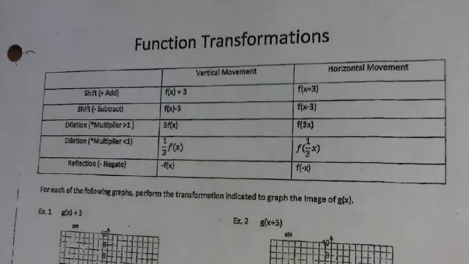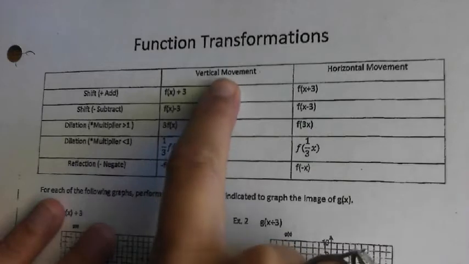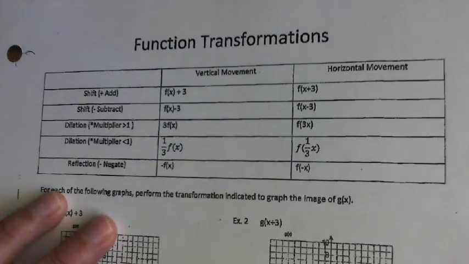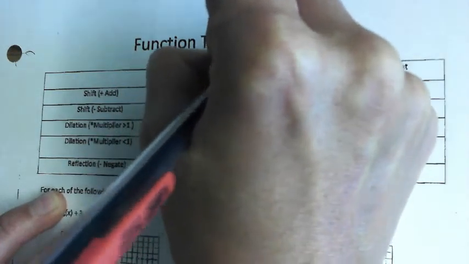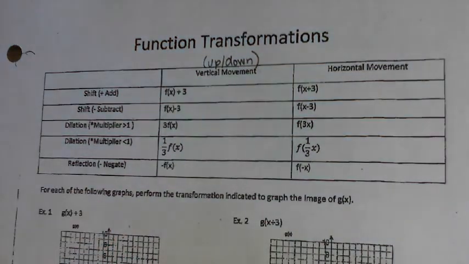So, transformations first and foremost. That's your translation. So your shifts, you can move things left, you can shift things right, up, down. Are we all okay with the fact that vertical means up and down movement? Over the years, I have realized that not everybody knows that, as if it's second nature like I would have thought.